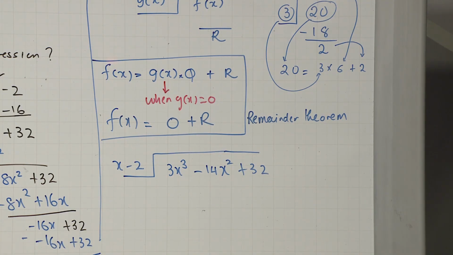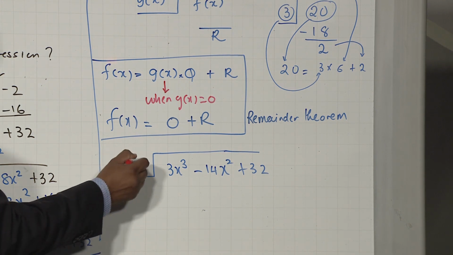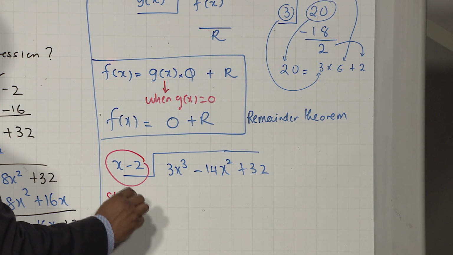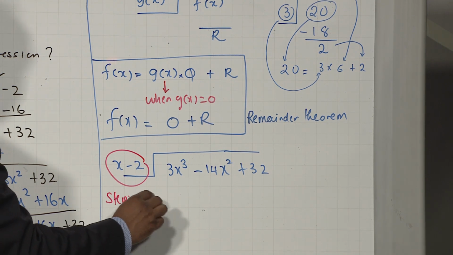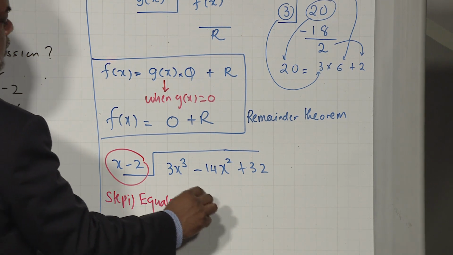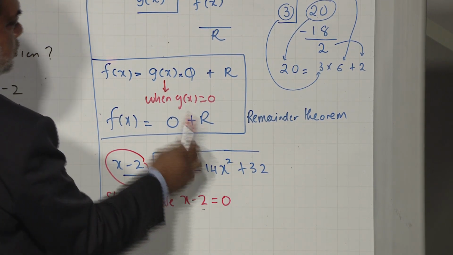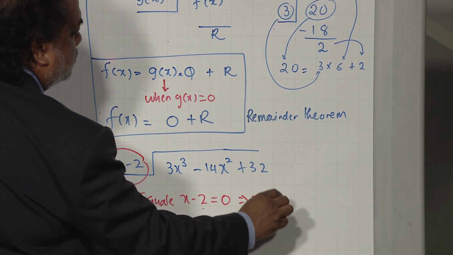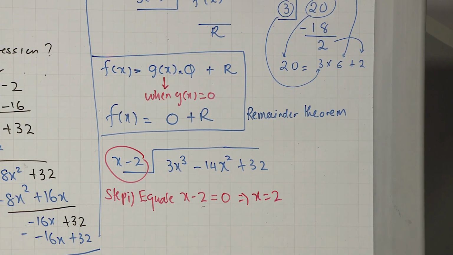So, how do I find the remainder? Step 1: equate the divisor to 0. This gives me x equal to 2. Step 2.